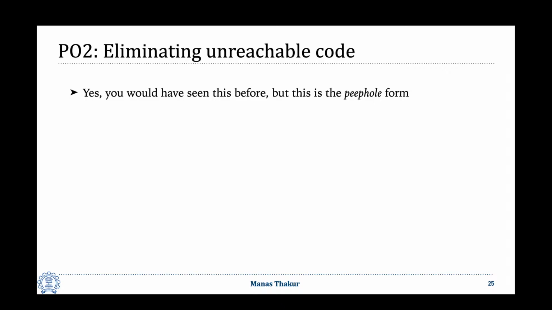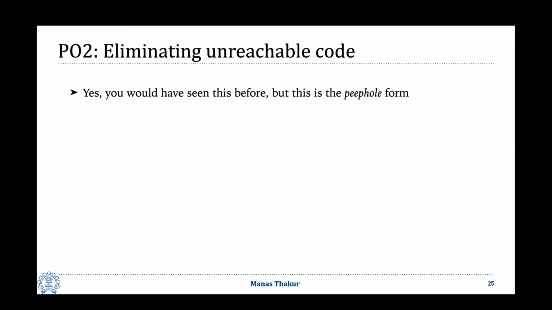So unreachable code elimination is extremely useful when you want to bundle things in a small package and send it across, particularly when you are using libraries that may have thousands of functions available for users and you are not going to use most of them, right?